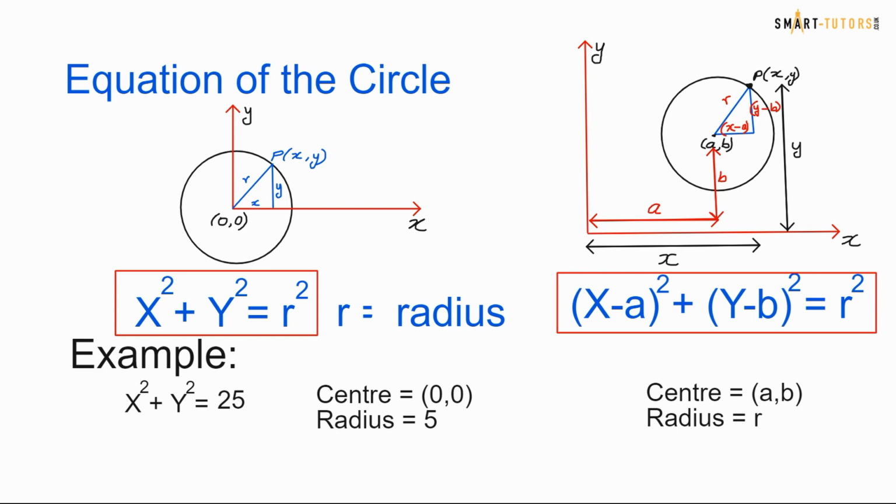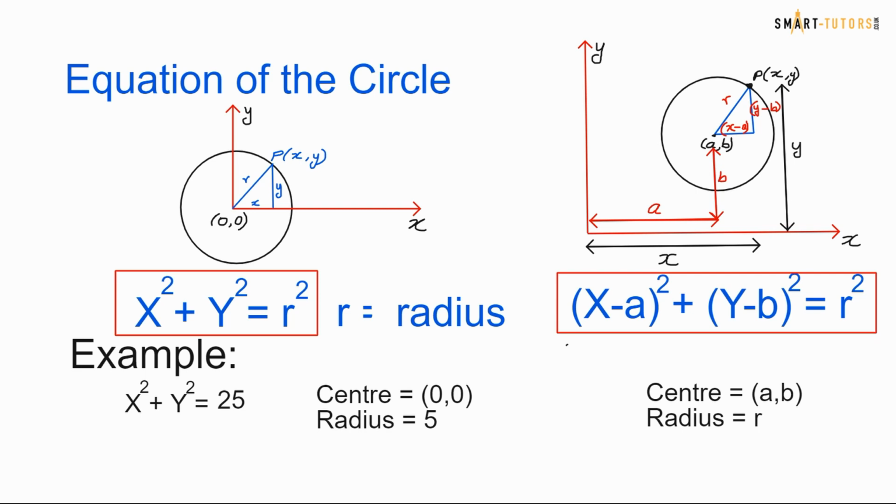Another type of equation of the circle: sometimes the center is translated to a different point a, b. In that case, the equation is (x minus a) squared plus (y minus b) squared equals r squared. In this situation, the center can be found out.